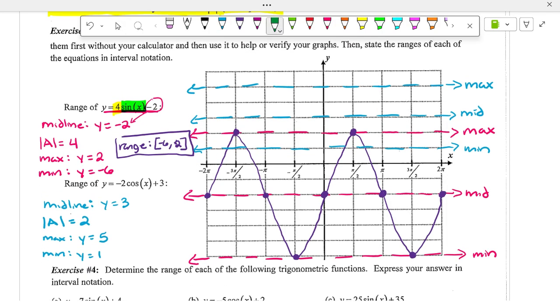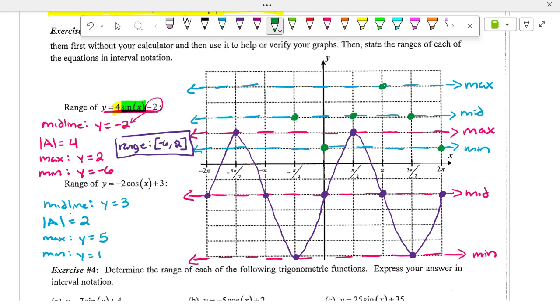Okay, so it's a cosine graph, and the A value is negative. So is it going to start at the max, the mid, or the min? The min. Where's it going to go next? The mid, then the max, mid, min.